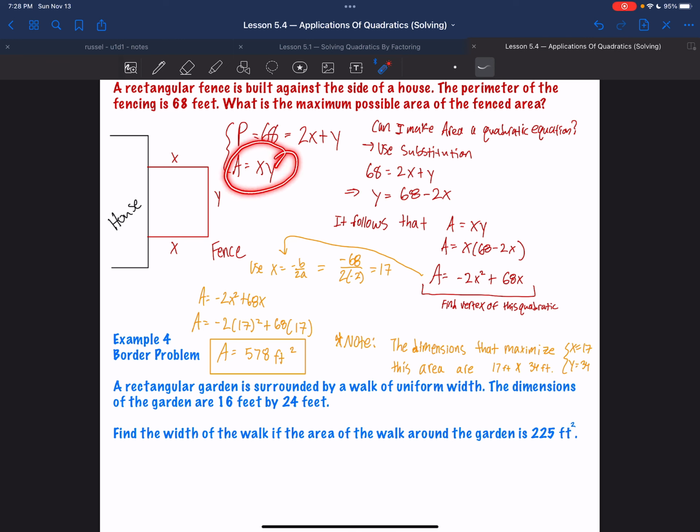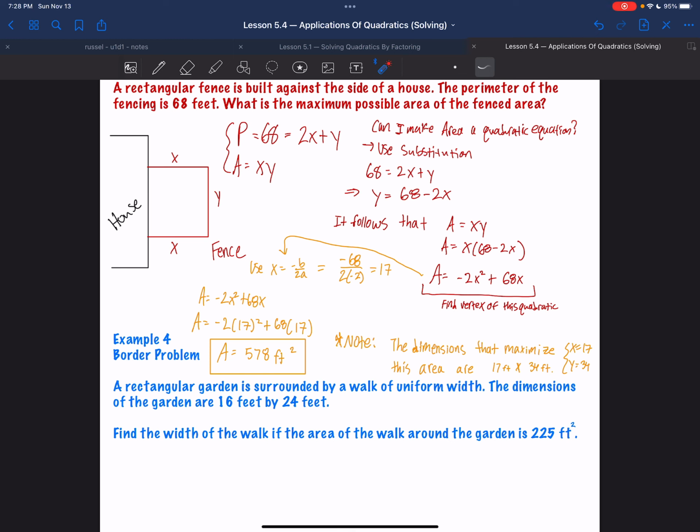So if area is length times width, you take the area, you divide it by 17. That gives you 34. Alternatively, you also know the perimeter adds up to 68. So double 17, take that away from 68. It's 34. You get y equals 34. But I just point this out because you might be asked to specify the dimensions.